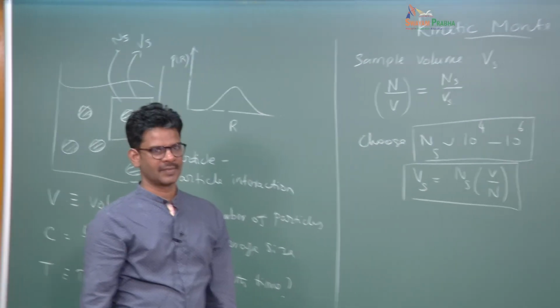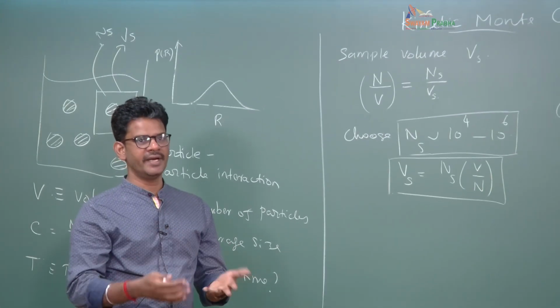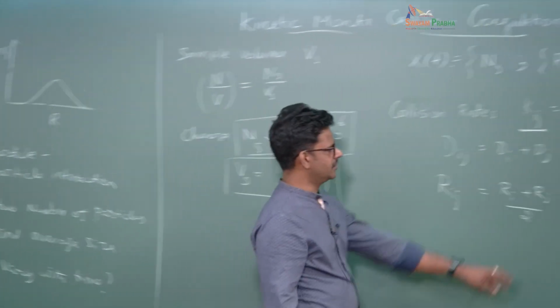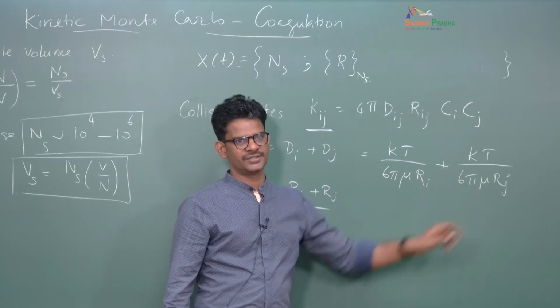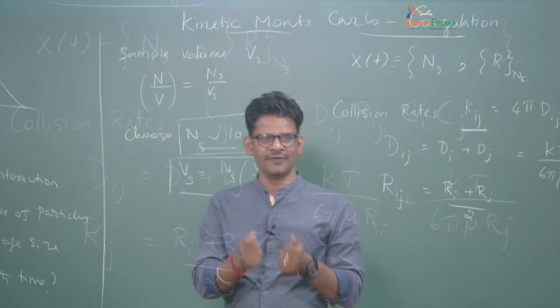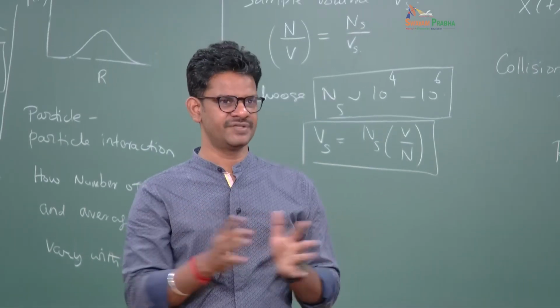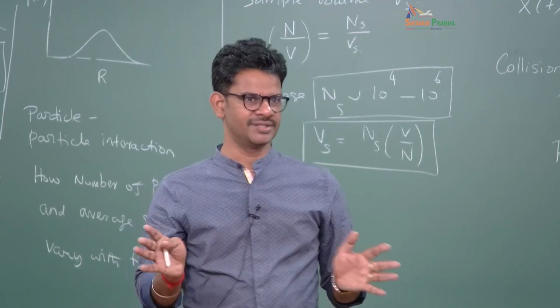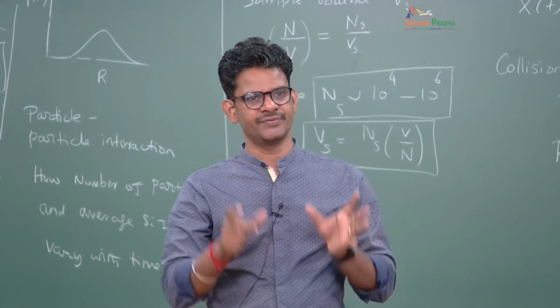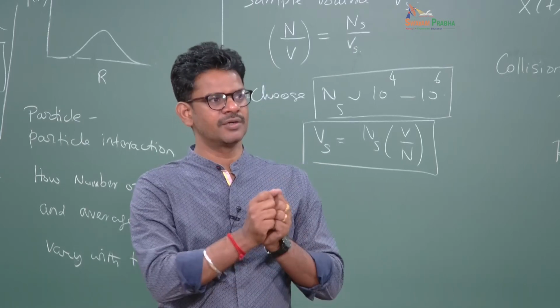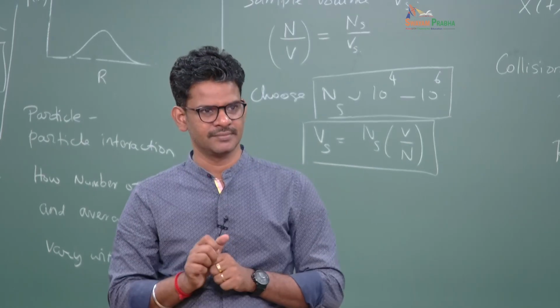I have ns particles, I can enumerate all the collisions. Now each particle has a different radius, so the prefactor will also change. That means every pair that you choose will have a particular collision rate. In the theoretical part, we assumed this rate to be constant because we assumed the particles to be of the same size. Now I am eliminating all these assumptions. I am giving an individual size to each particle, therefore each pair would have a different collision rate.